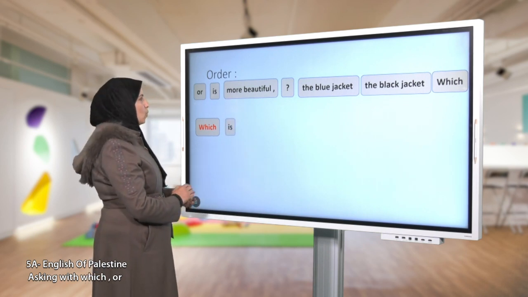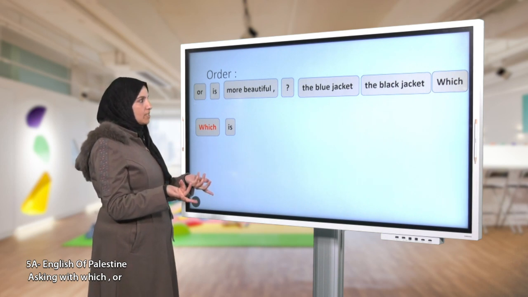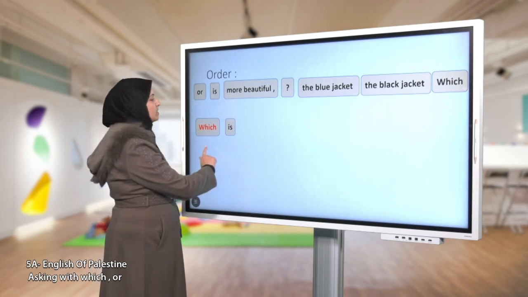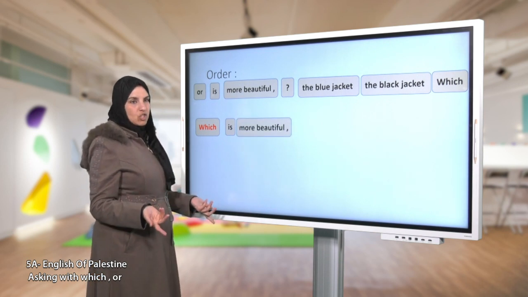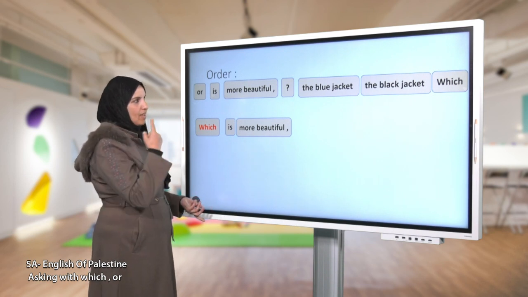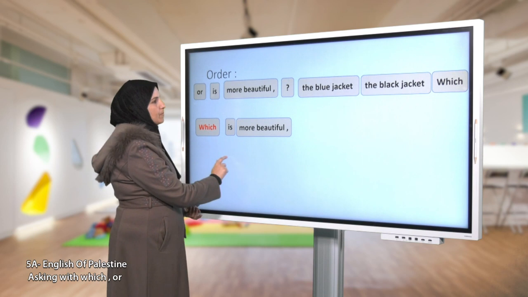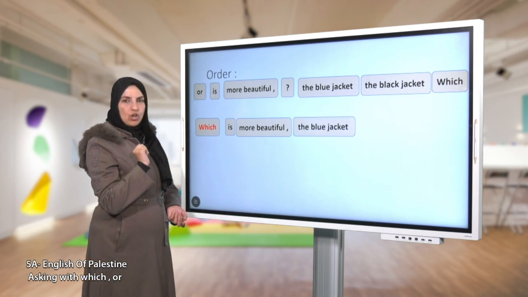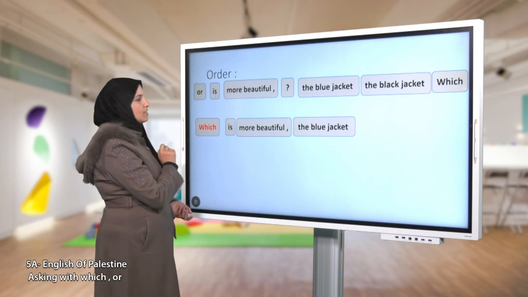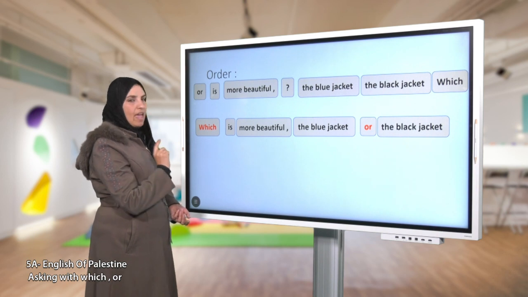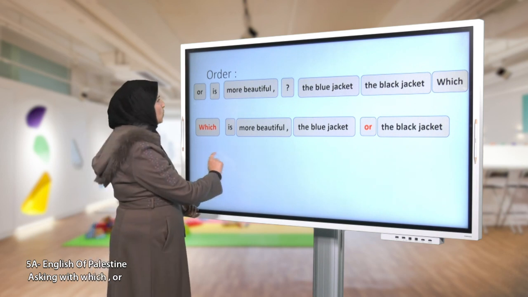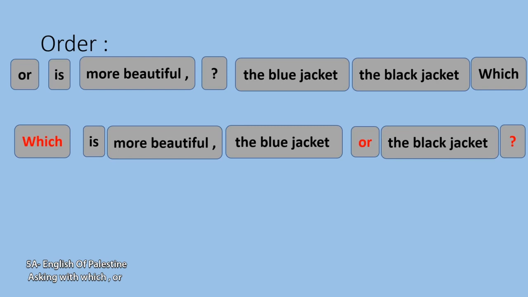Thank you. Where is the comparative adjective? Great, it's more beautiful. Now, who can tell me where are the choices? We have two choices. Excellent, the blue jacket. And we use or to give these choices. And the black jacket. And at the end of our question, we use a question mark. Which is more beautiful, the blue jacket or the black jacket? Thank you.